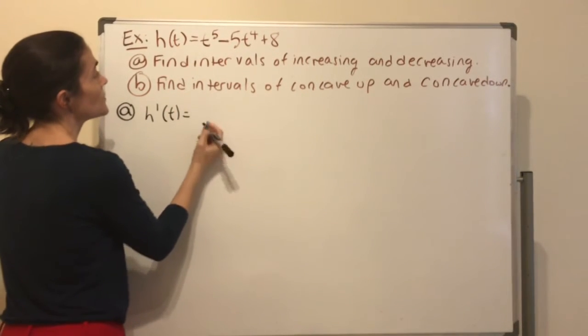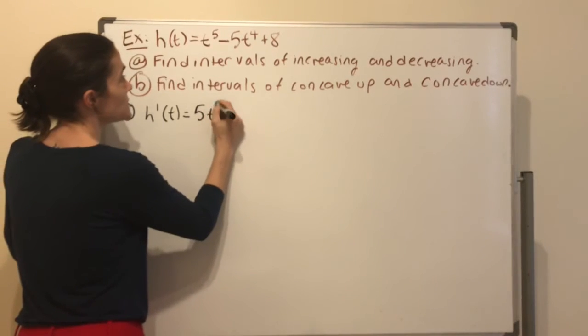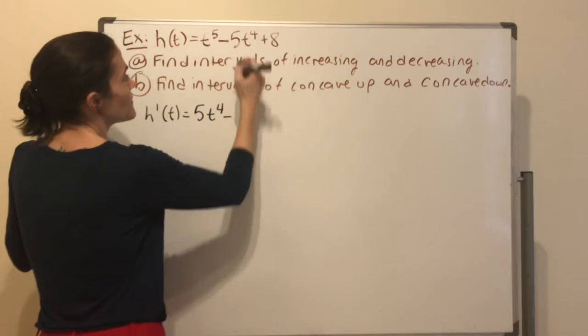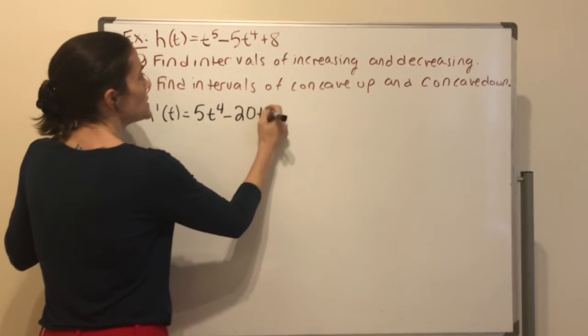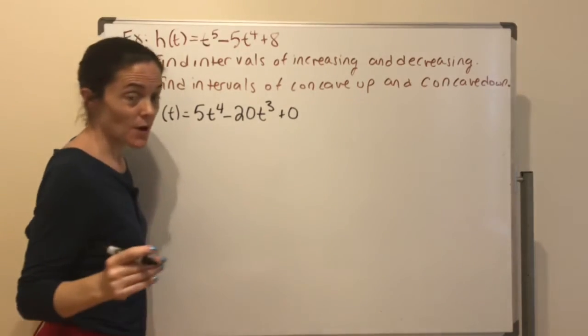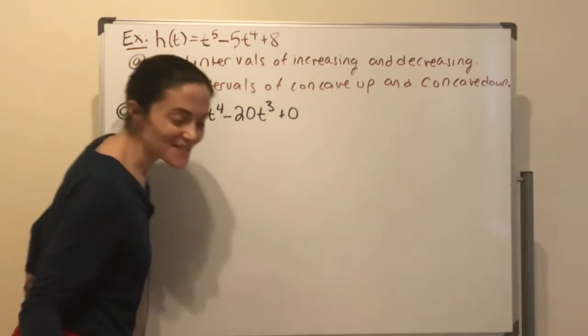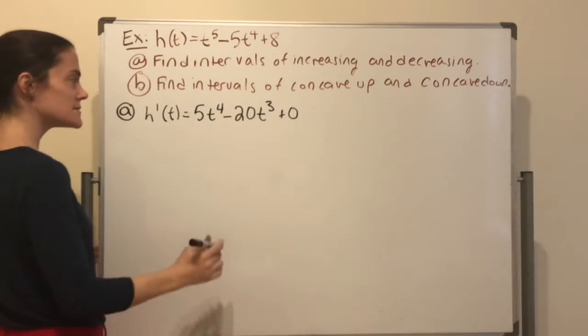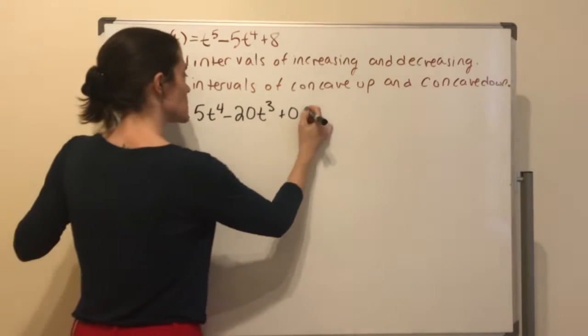So we need to calculate the derivative, 5t to the 4th. I'm using the power rule. Minus 5 times 4 is 20t cubed. And then, well, I'll write plus 0, although you don't have to. It's 0, but the derivative of a constant is 0. And then let's see what I can factor out.